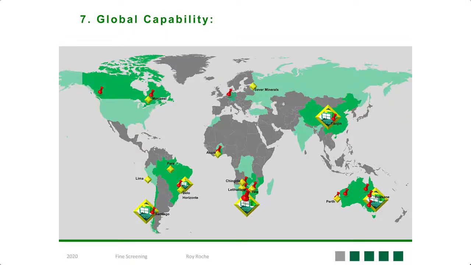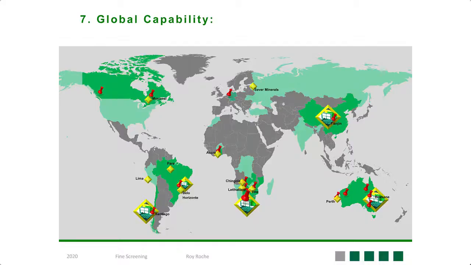Okay, last but not least, Multitech's global capability. We alluded to this in the beginning of the presentation. We are spread in 6 key areas: China itself, Australia, Africa, with subsidiaries in Africa, Santiago in Chile, Belo Horizonte in Brazil, and Montreal in Canada.